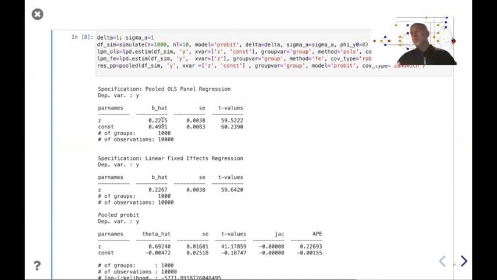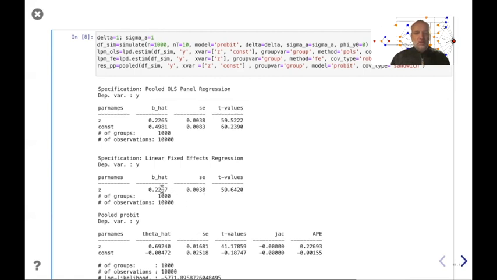Now that's of course a linear probability model, so it's not going to estimate that delta, but it may actually estimate the average partial effect. Let's see how it's affected by the fixed effects regression. Well, you get approximately the same. Standard errors are similar. We get essentially the same estimate.